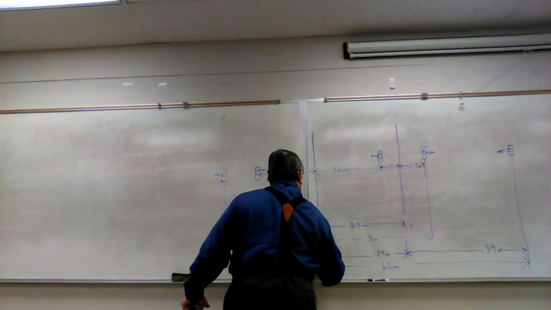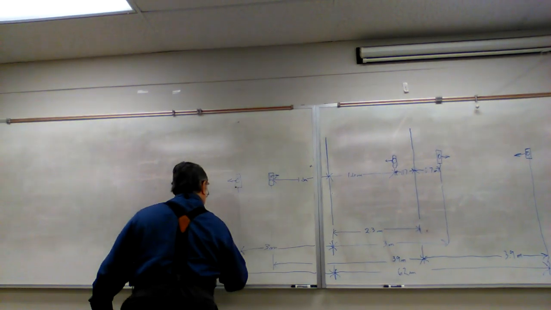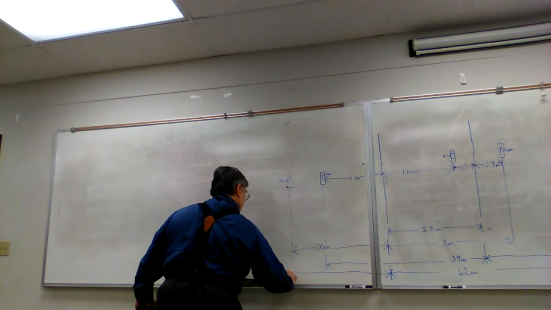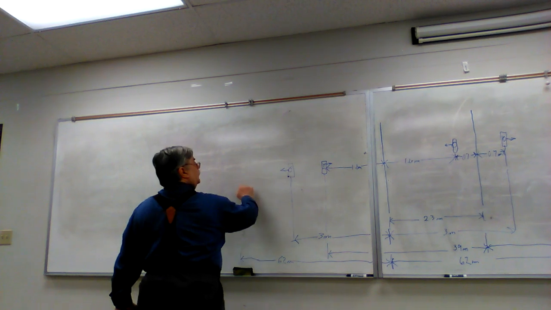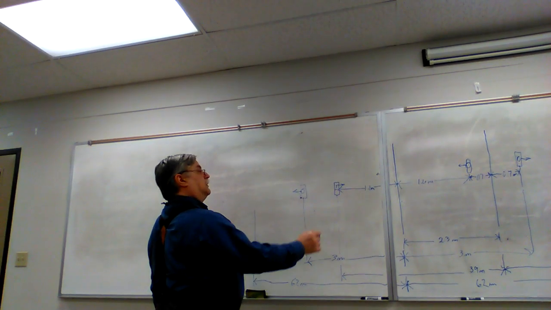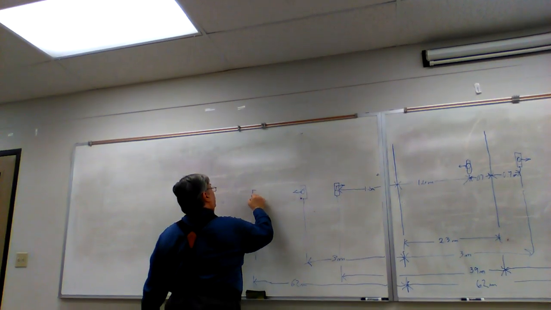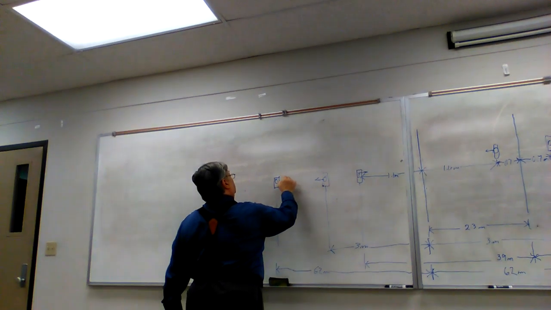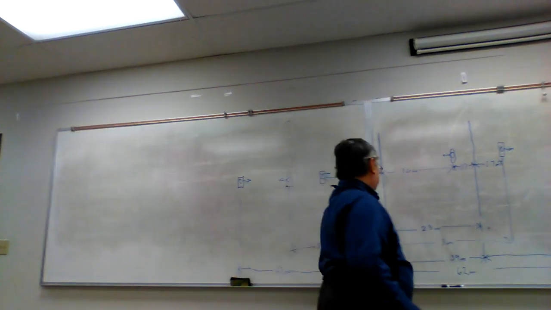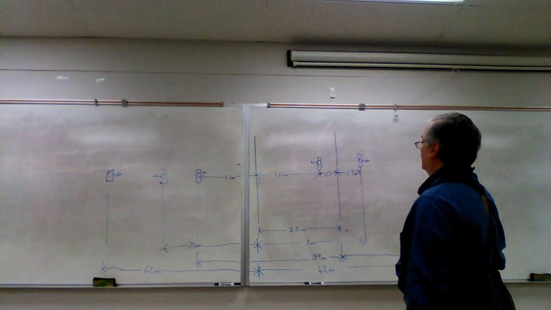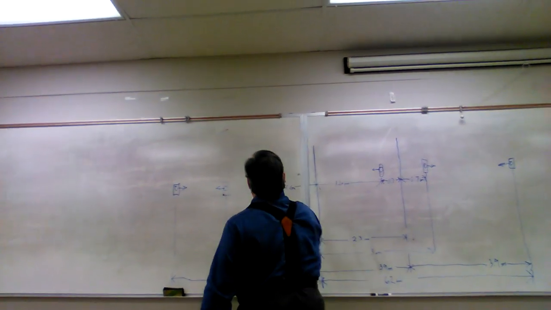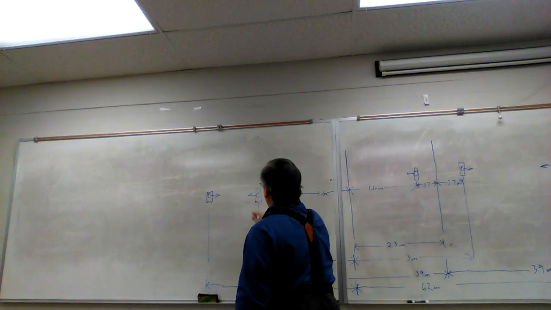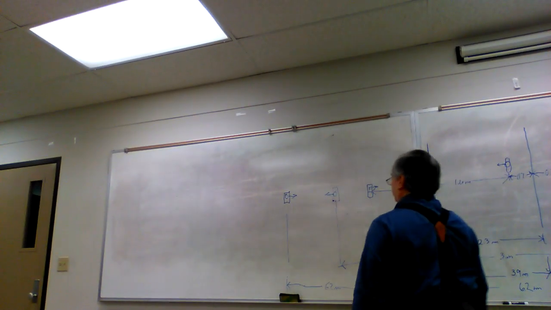So 6.2 meters over here you're going to have another image facing that way. So here is the first image, here is the second image, and here's the third image you're going to see.